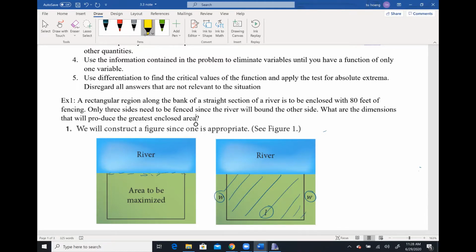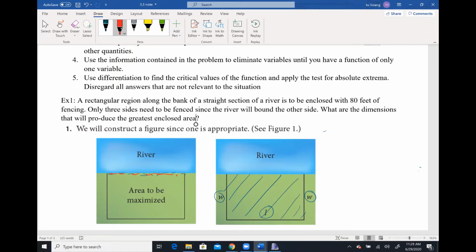You may think this side and this side and this side are going to total 80 feet, right? And you need to use only 3 sides because the last side, the one over here, is a river, so you don't have to worry. You don't want to use any fence for that.